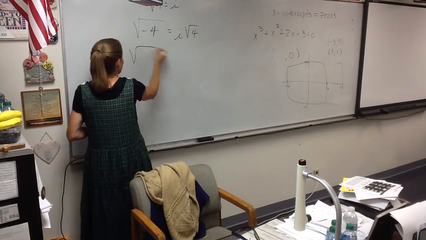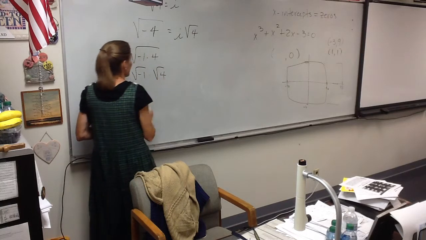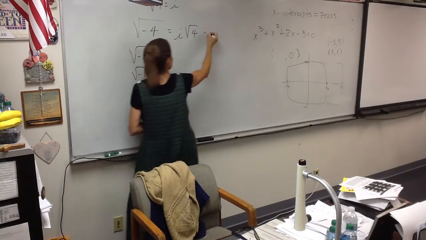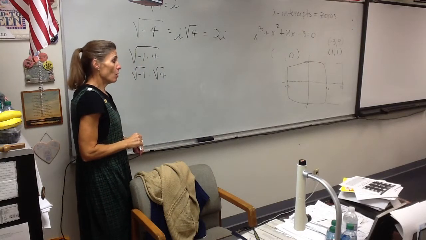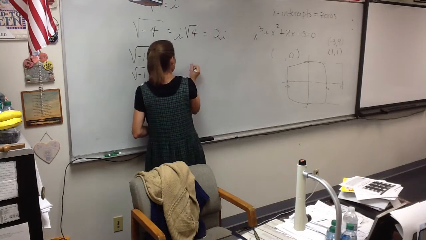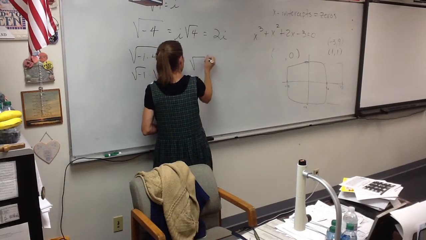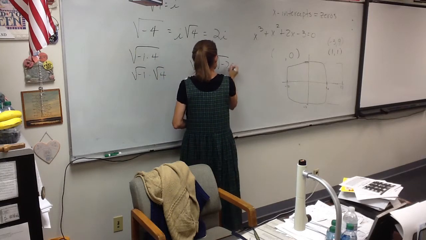So if I think of that as negative 1 times 4, that's the square root of negative 1 times the square root of 4. It's i root 4, which you said was 2i. The only time this causes an issue is when we have a multiplication problem and someone says, let's take the square root of negative 8 times the square root of negative 2.